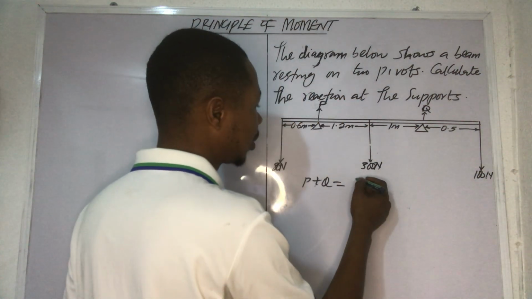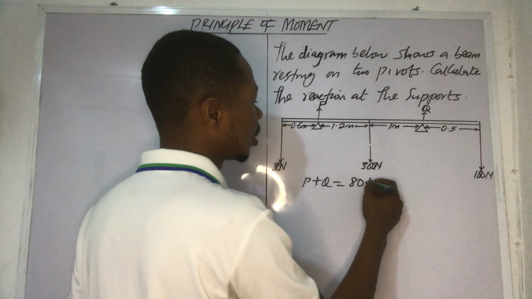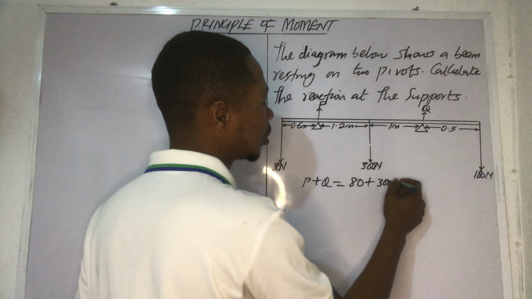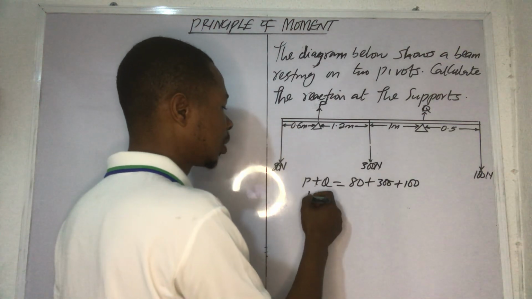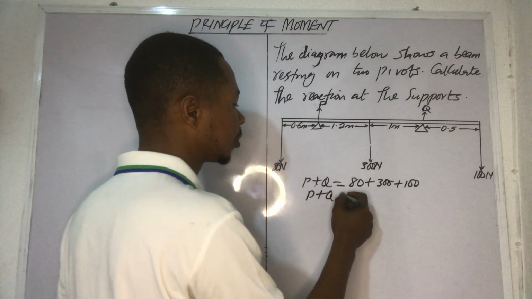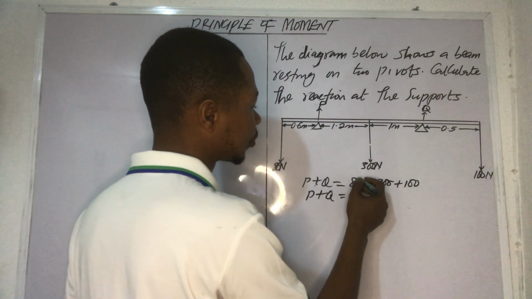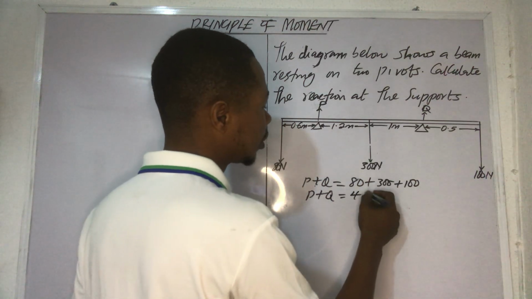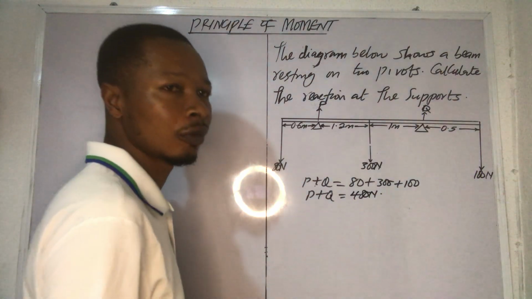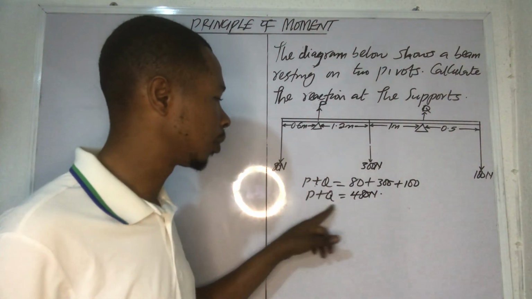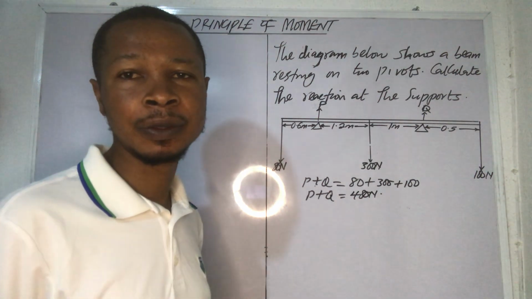So if I add them together, it's 80 plus 300 plus 100. Then P plus Q is equal to 480 Newton.